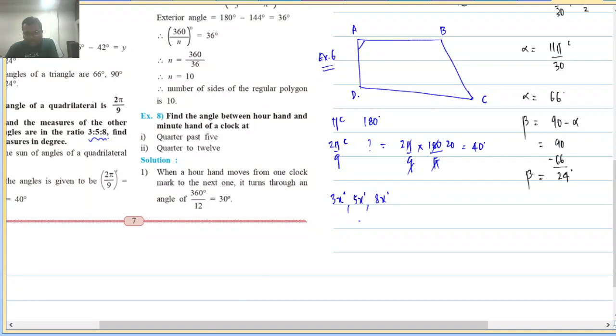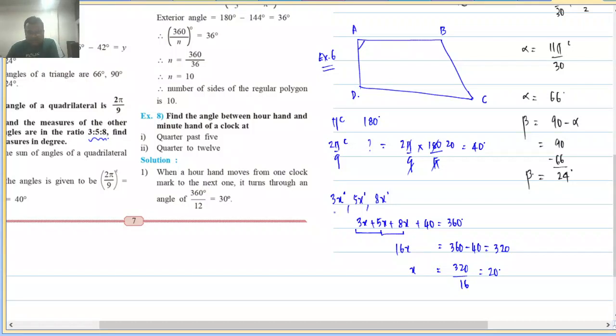So 3x plus 5x plus 8x plus 40 is 360. So this is 16x. 16x is 360 minus 40, which is 320. So x is 320 upon 16, which is 20.